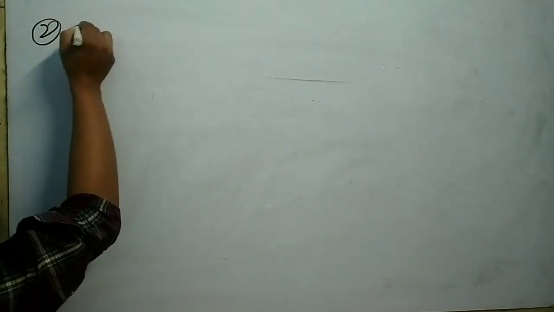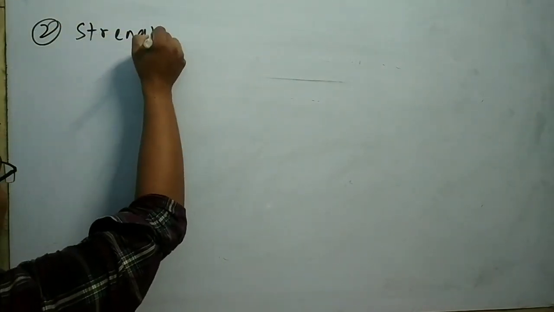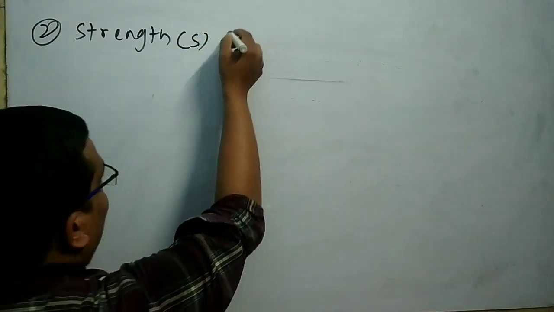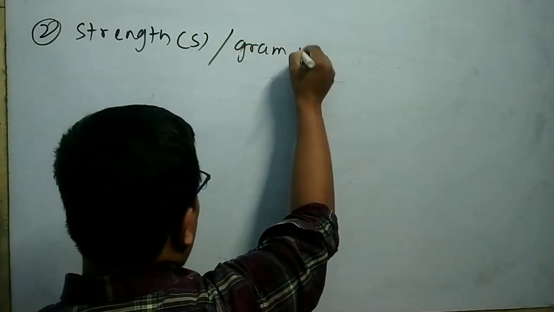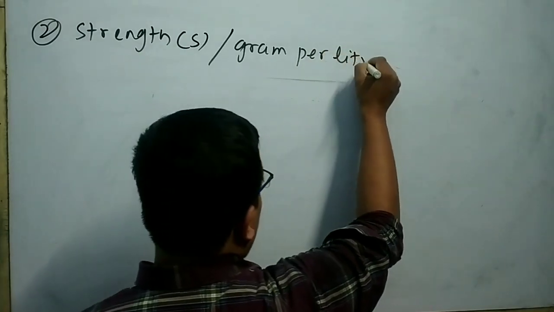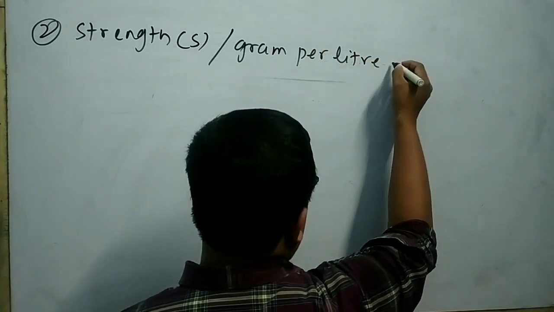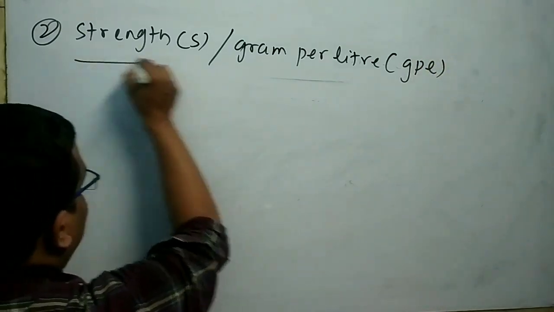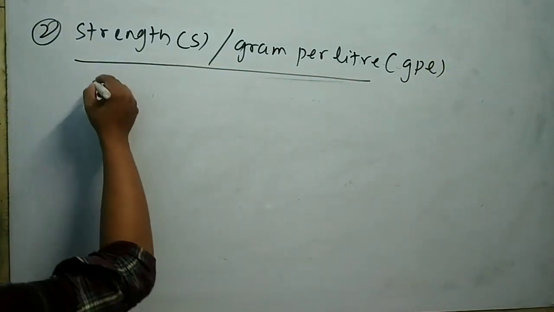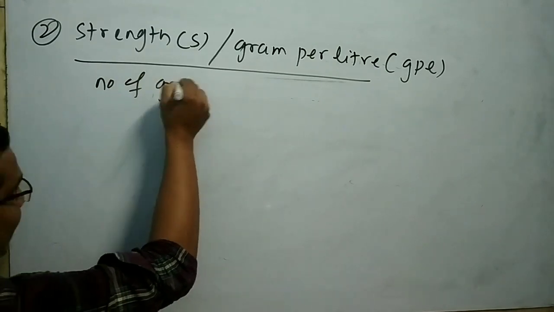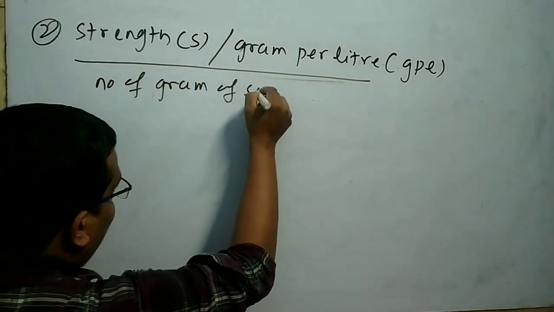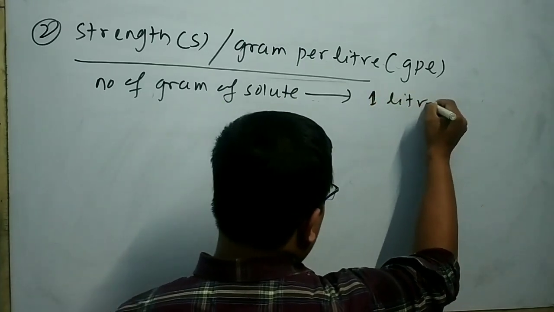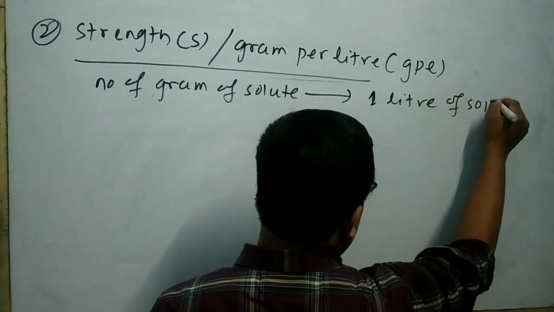Next is strength. It is also considered as gram per liter, which is symbolized as GPL. Strength means the number of gram of solute present in 1 liter of solution.